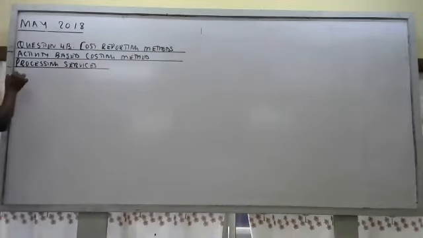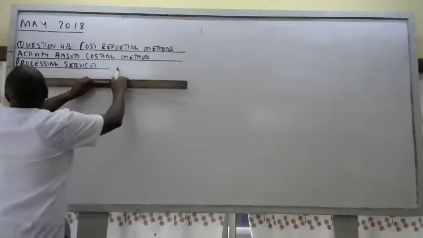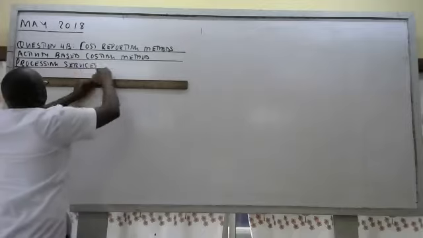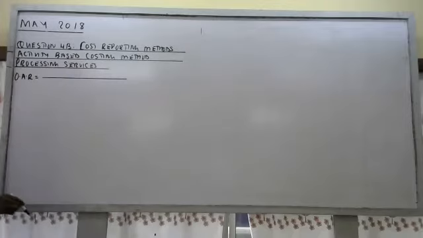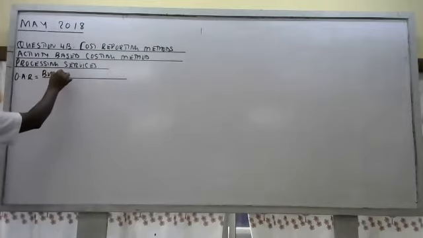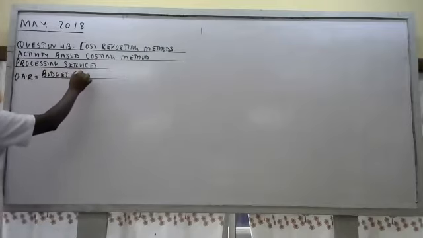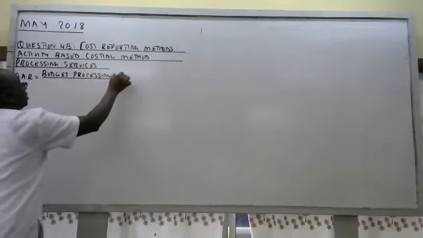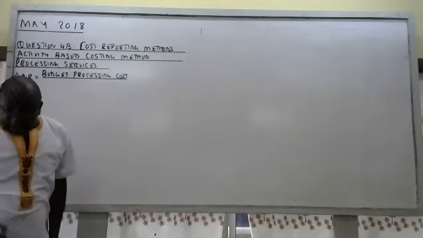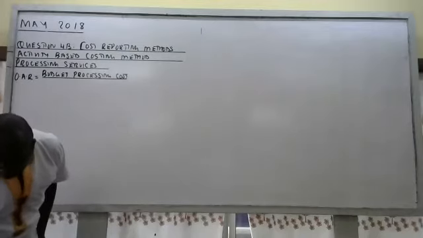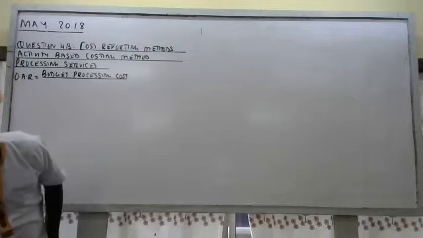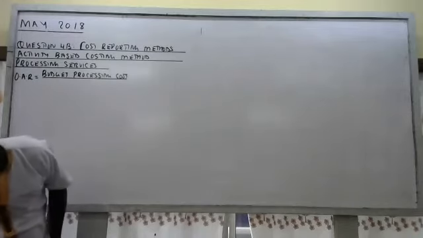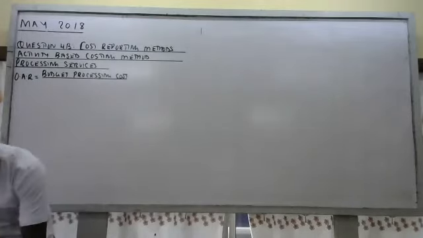So in this one, we have the OER being equal to budget processing costs, you divide by this one.